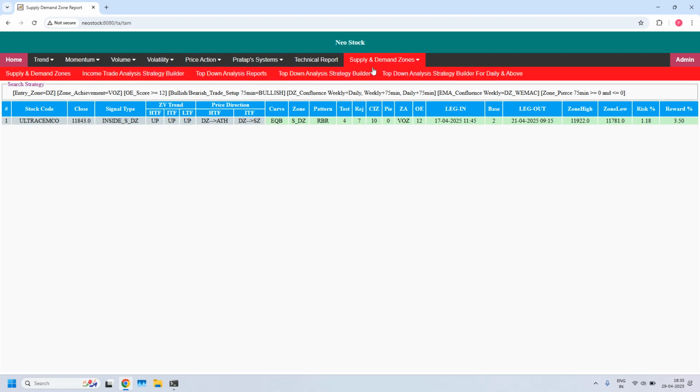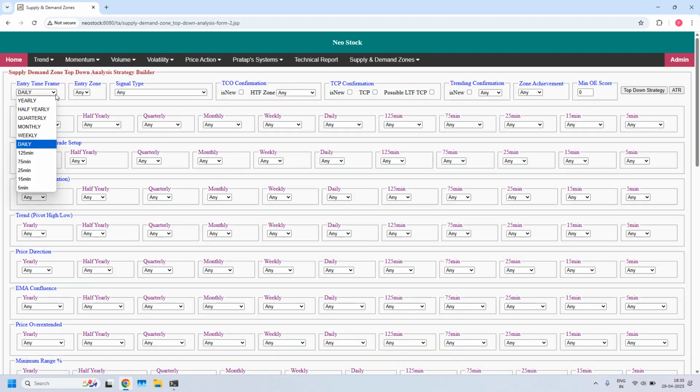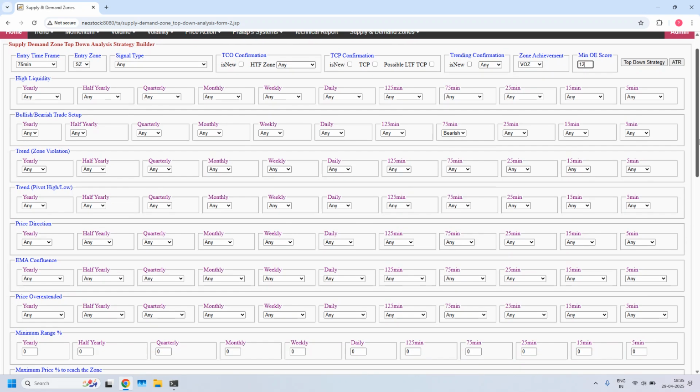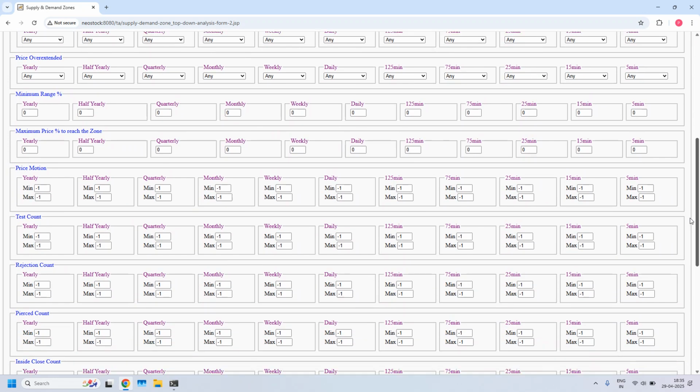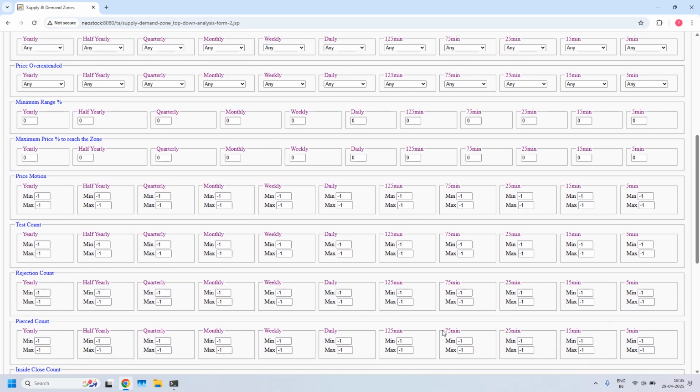Next, bearish trade setup for weekly income trade. Entry time frame 75 minutes, entry zone supply zone, bullish or bearish at 75 minutes, selecting bearish, zone achievement VOZ, minimum order enhancer score 12, and also the 75-minute supply zone should not be pierced. So at the 75-minute time frame, minimum value 0, maximum value 0.